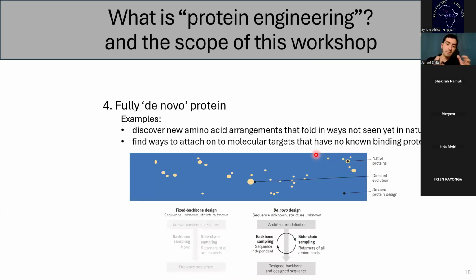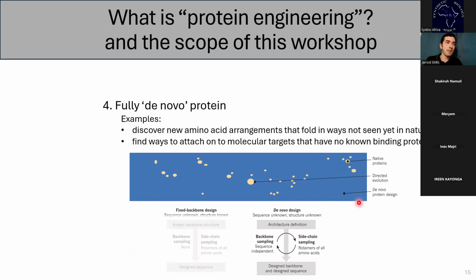And then the most recent, and I think one of the more advanced areas in this field that's been growing recently, is the idea of proteins that are totally synthetic, that never existed in nature. There's this really wonderful illustration here where you have this blue sea and a few yellow islands. And what it's trying to represent is, all of the proteins that we have in nature across all of our species really are just a tiny fraction of all the possible proteins that could exist if you just string amino acids together in different ways.